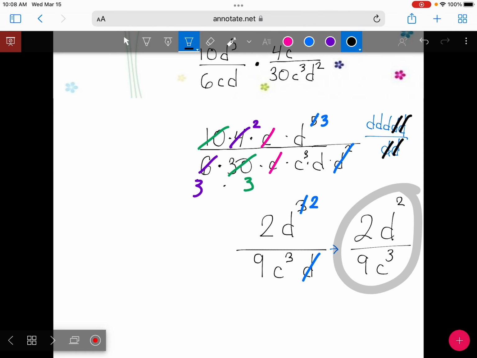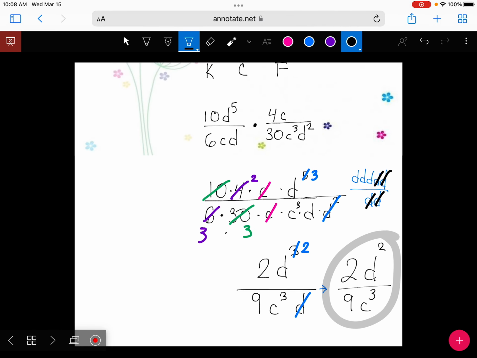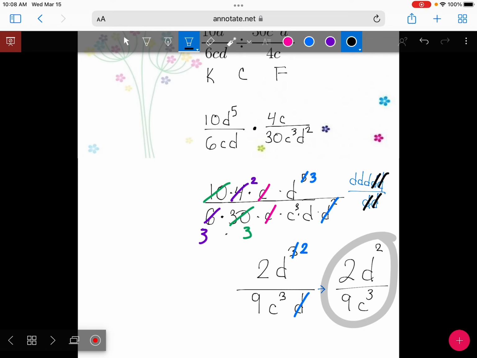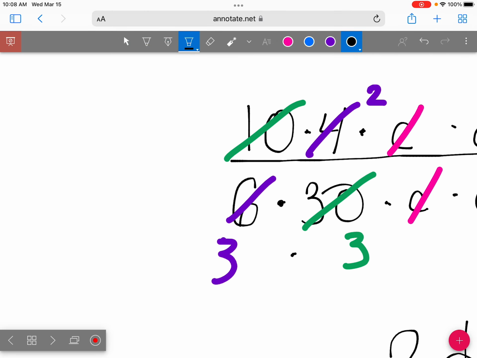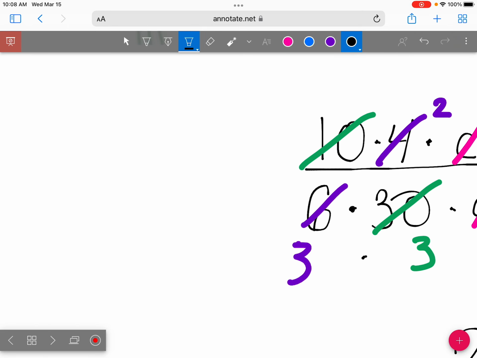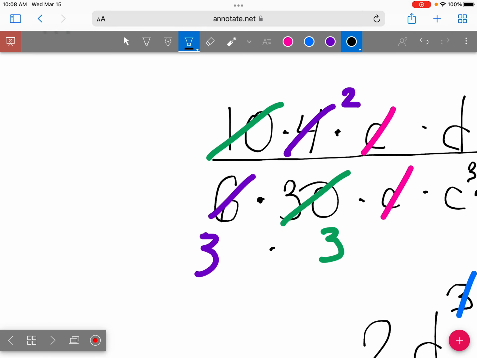Zoom out so you can see the whole thing. I don't see how you got the number 2? So we had these guys here. We had 10, 4, and 6 and 30. So the 10 and the 30, I divided both of those by 10. That gave me a 1 here and a 3 on the bottom.